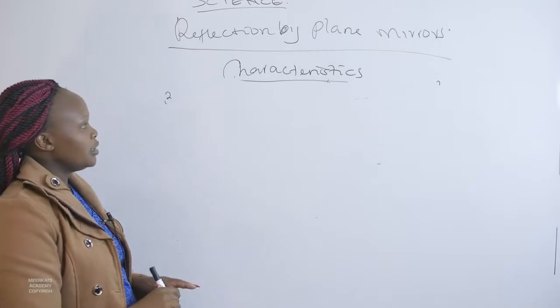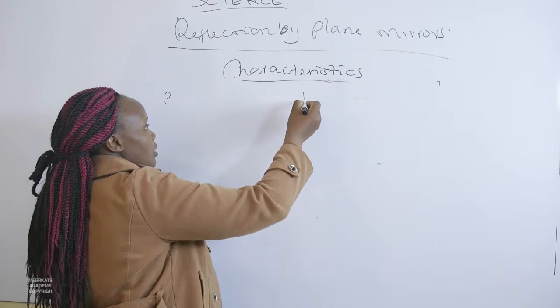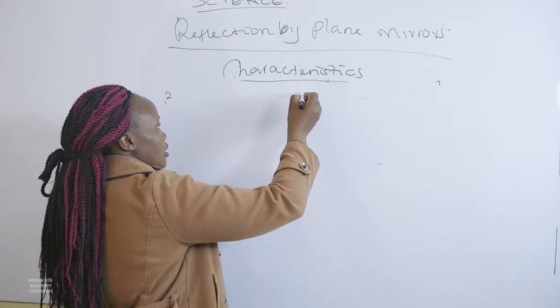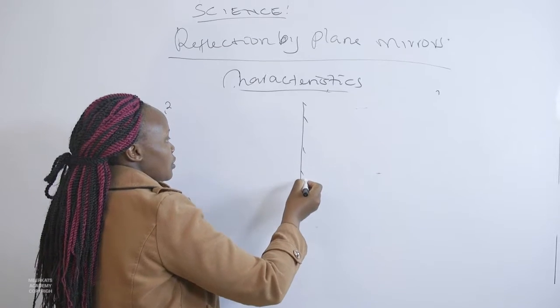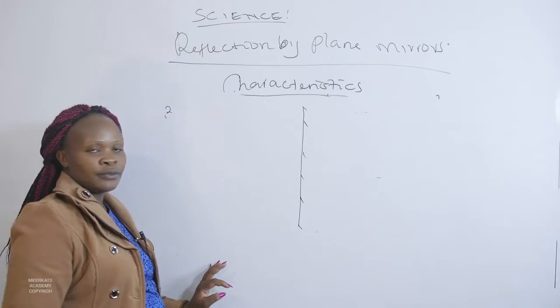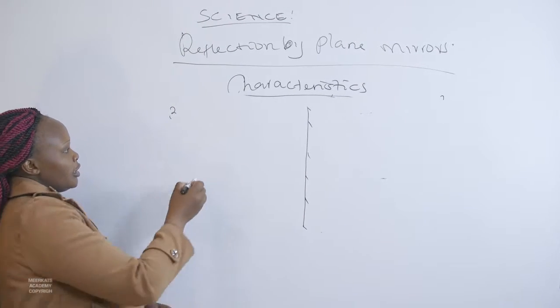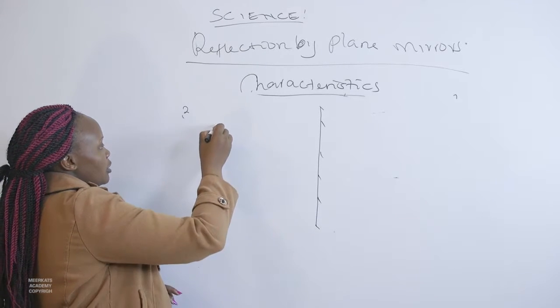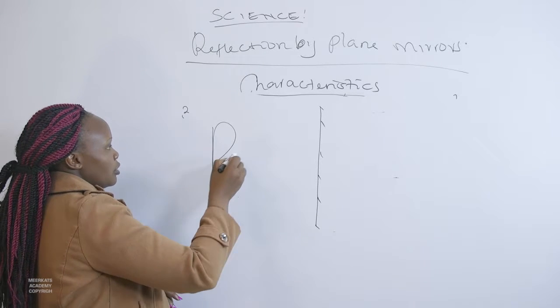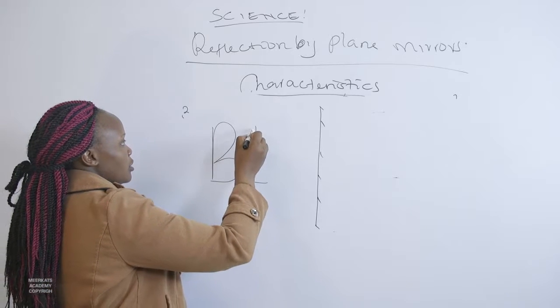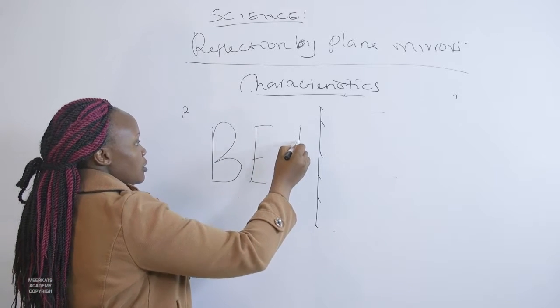You could look at it in form of letters. Let us say you have a mirror there. Then write any letters. For example, we could write something like that.